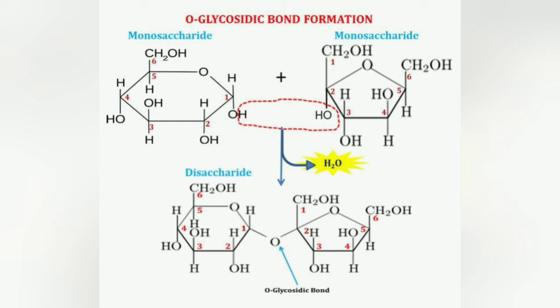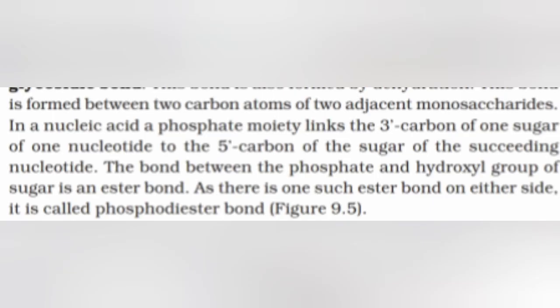This bond formed between the two sugars is known as a glycosidic bond. This way, the whole polysaccharide consists of such glycosidic bonds between the monosaccharides.